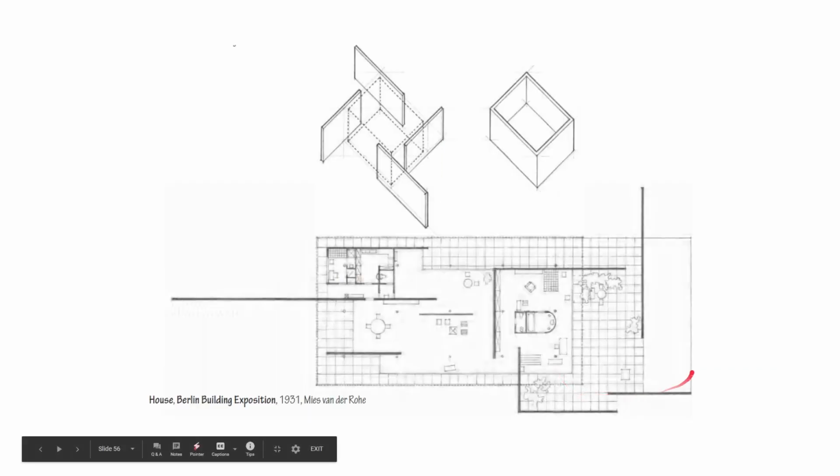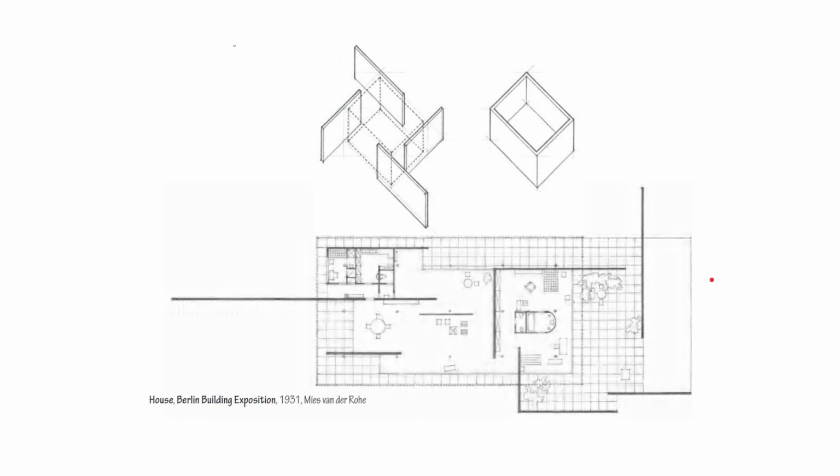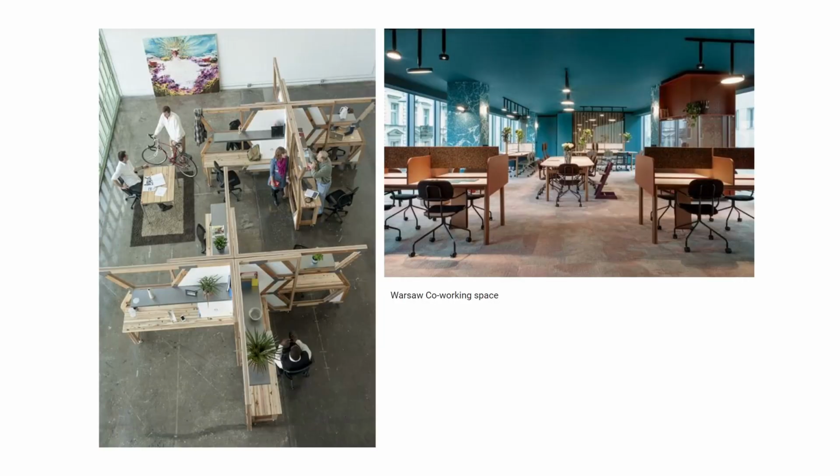An example is the House Berlin building exposition, in which there is an open planning and a free interpretation, or free movement, of a space. As you can see, this is also prevalent in co-working spaces and in how office furniture is laid out, and how placement can determine function as well. So this is very visible in planning.